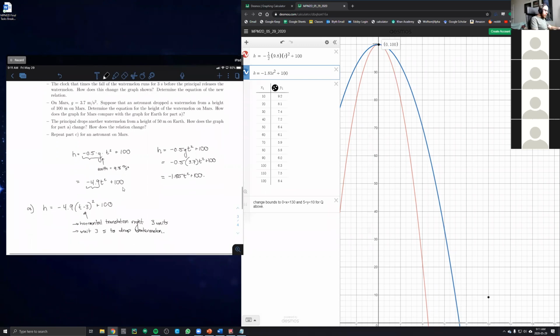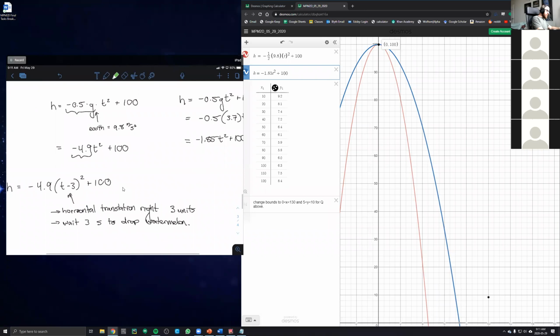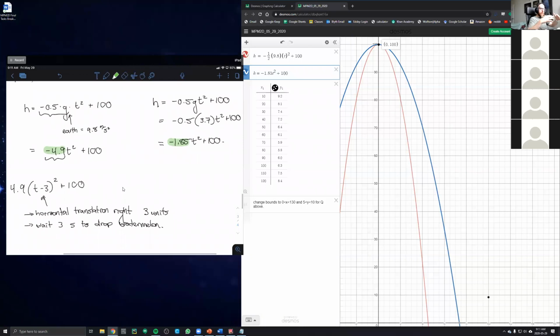And looking specifically at the leading coefficient here, the negative 4.9 and the negative 1.85, we know that this represents a vertical stretch or compression. So looking at these two equations, it seems like Earth is being stretched out a little bit more, whereas Mars is not as severely stretched. Does that make sense?